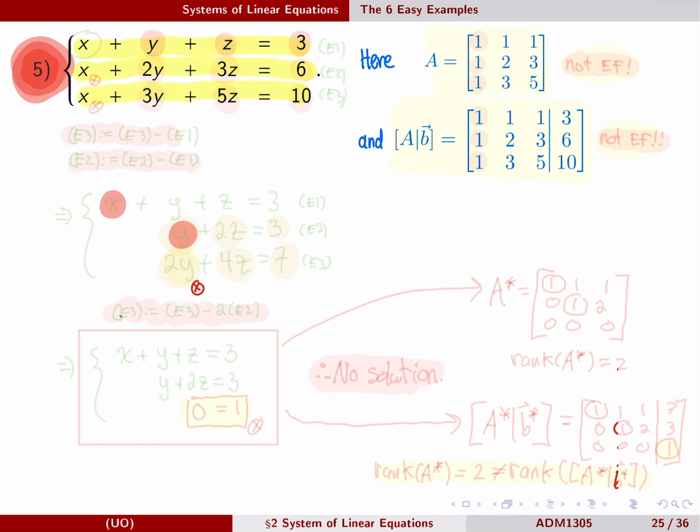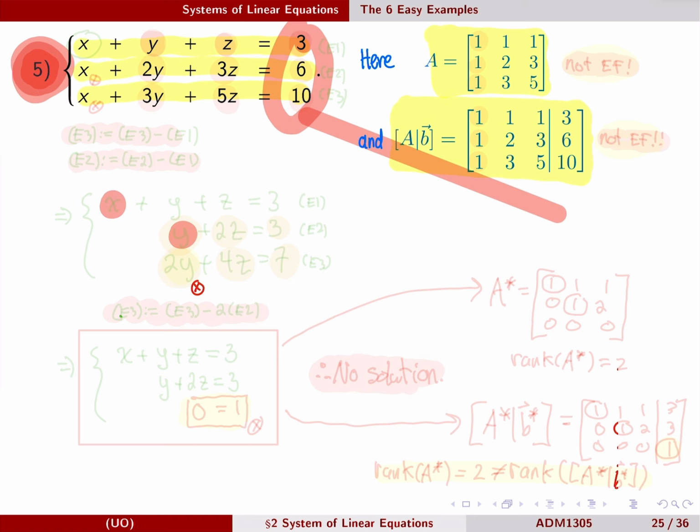So the first thing here is, if we look at the coefficient matrix, that's still fairly straightforward. So 1x, 1y, 1z for the first equation, 1x, 2y, and 3z for the second, and then 1x, 3y, and 5z for the last equation. So I get my 3x3 matrix. And then for the augmented matrix, just adding an extra column for 3, 6, and 10, I have my augmented matrix.